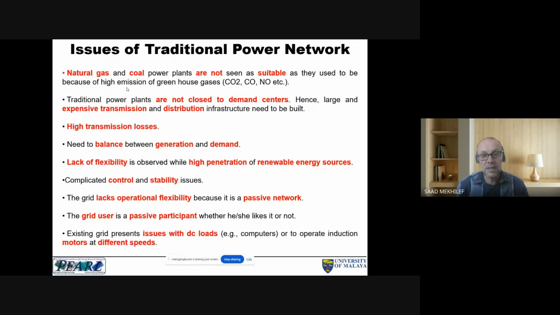The same goes for a nuclear power plant. So when they are very far away from the load, you need expensive transmission lines. And not only are these transmission lines expensive, but they also introduce losses. So we will have a lot of losses in these transmission lines.